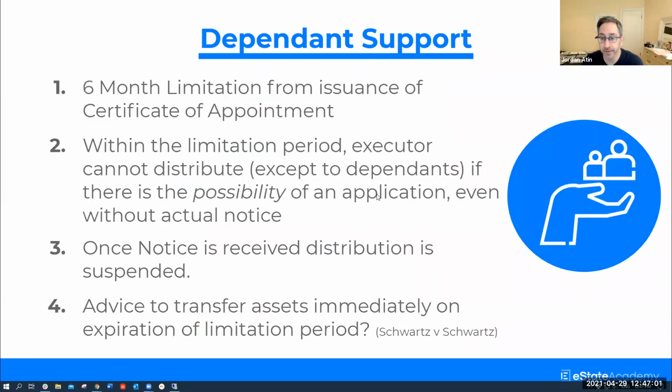Yeah. And the last sort of topic, and we're not going to get too much into the actual claims, but just from an estate point of view, I'm assuming that we're here representing an estate, we're administering the estate, and what do we have to worry about here on a dependent support claim?